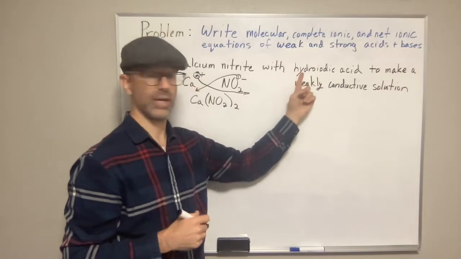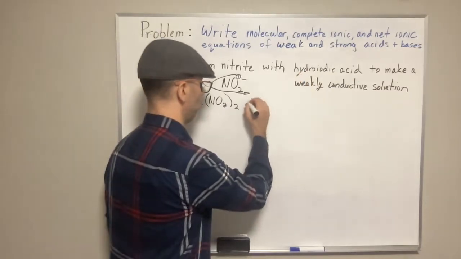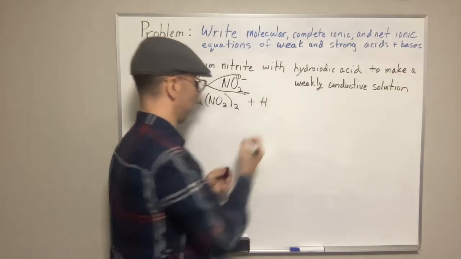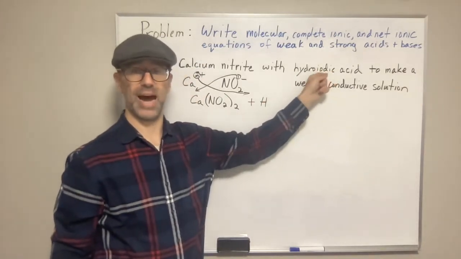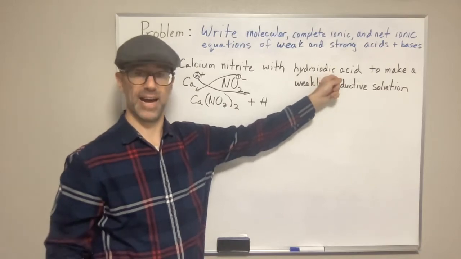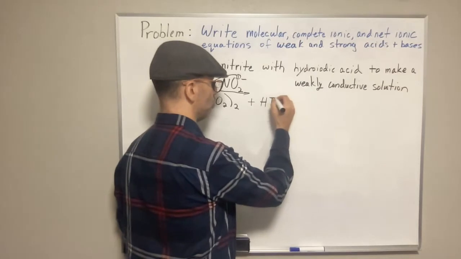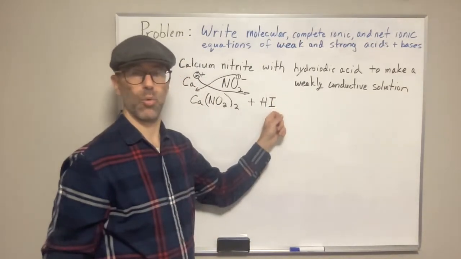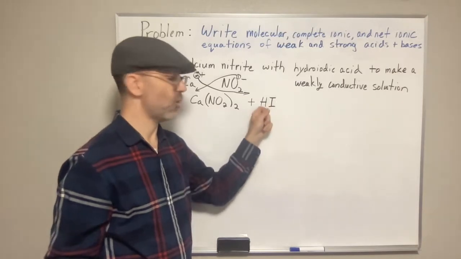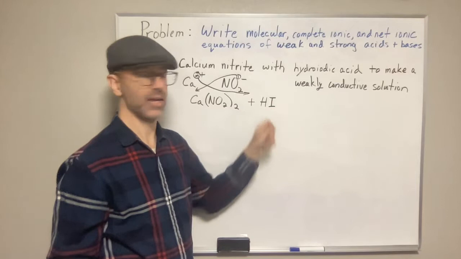So hydro indicates hydrogen, that's one of your elements. The other one is indicated by the rest of the name. Iodic is referring to iodine, so iodine is the other element. Iodine typically has a 1 minus charge, so I would need one H+ to balance that, so HI.